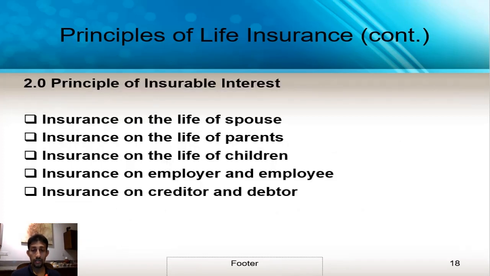So therefore, it gives us an idea of the different types of insurance policies that can be generated: insurance on the life of a spouse, insurance on the life of parents, insurance on the life of children, insurance of employer and employee, insurance of creditor and debtor.